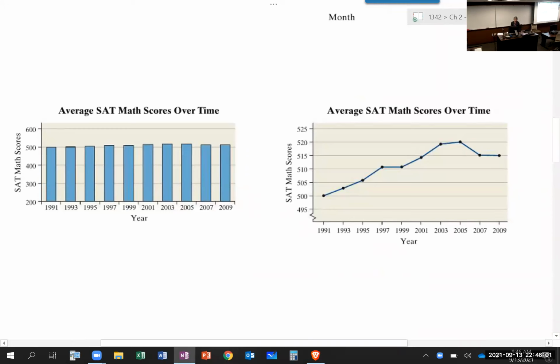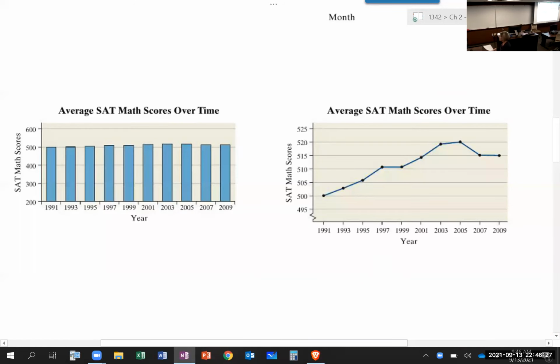How about this one right here? This right here is just two different ways for us to be able to represent the data that we're looking at, right? On the leftmost graph over there, on the bar graph, I'm going to call it, we have the SAT scores, okay, for math.